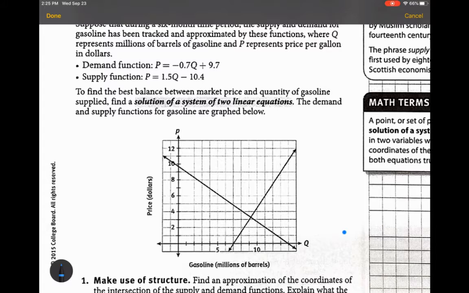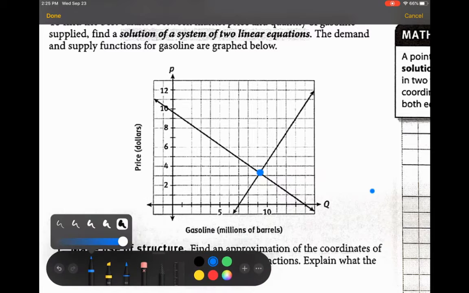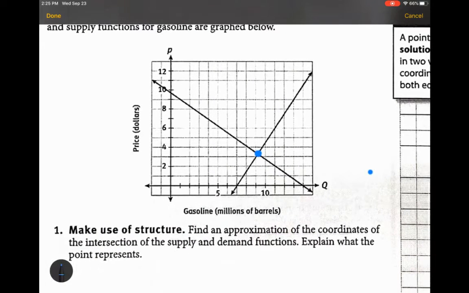Where the two lines intersect is going to be the solution to the system. So the question you were supposed to answer on number 1 was: find an approximation of the coordinates of the intersection of the supply and demand functions and explain what that point represents.